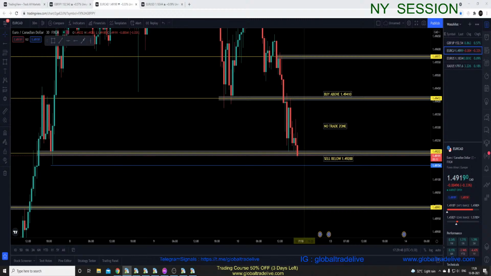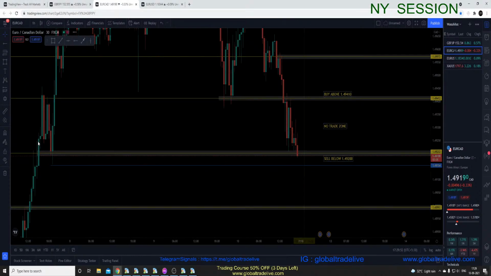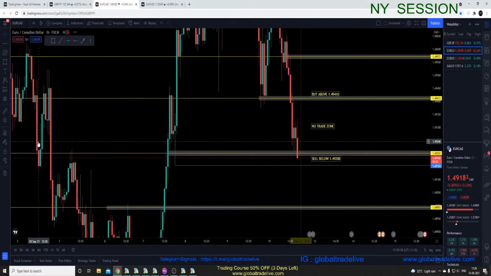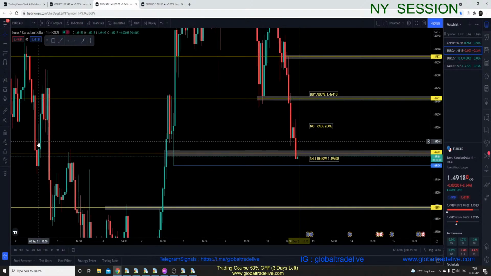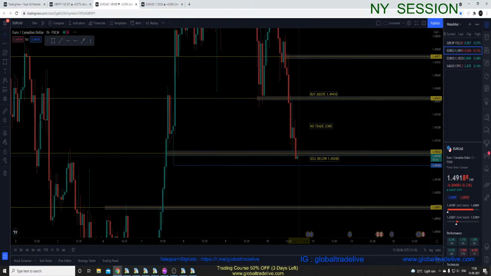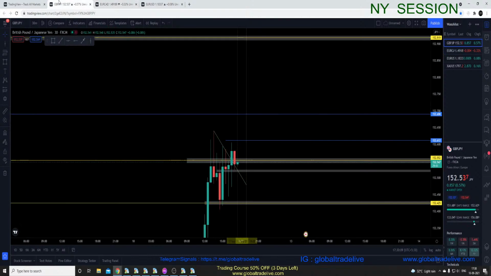Okay, let's have a look in the 1 hour of EuroCAD. Oh, EuroCAD just closed with no wick on the bottom. That's not good. GBP JPY also closed like this.